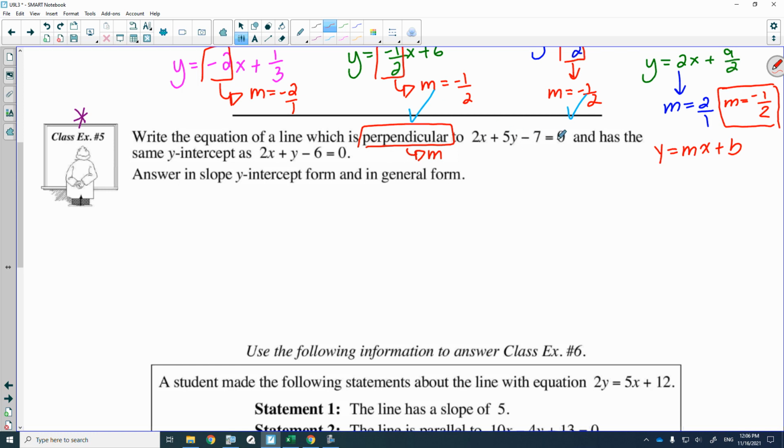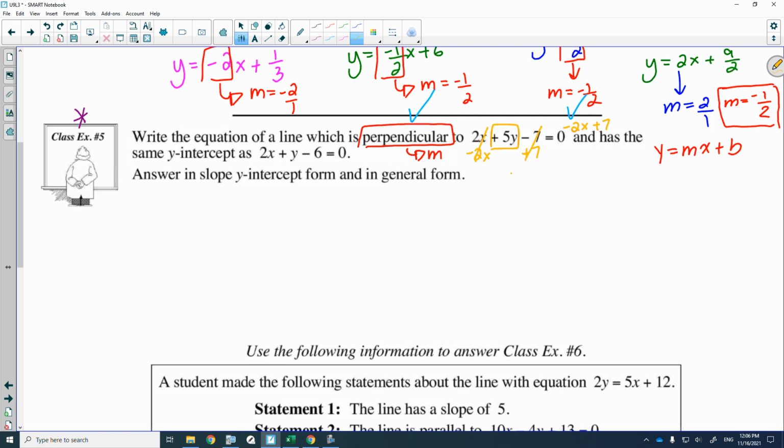Here's the equation of the line in general. So we're doing the same thing. We're going to manipulate this into the form of y is equal to mx plus b. So isolate your y. Decide if you're going to keep the y there or move it. I'm going to keep it because it's positive. Get rid of that 2x from both sides and get rid of that 7.